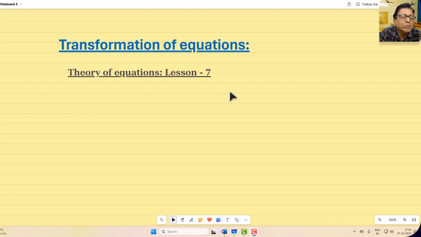Even if I tell you a cubic equation with roots alpha, beta, gamma, and you have to find the product (alpha cube plus 2)(beta cube plus 2)(gamma cube plus 2), then in the previous session I told you how to get simple expressions, by expressing them in terms of the sum of the roots, the sum of the product of the roots taken two at a time, and the product of the roots taken all at a time, and then you find the value.